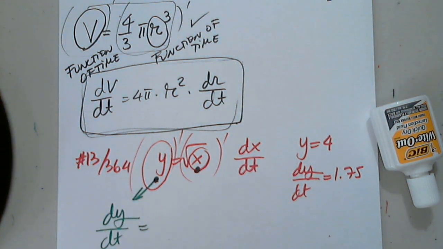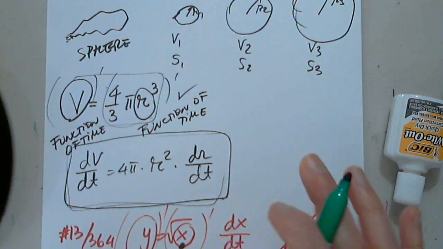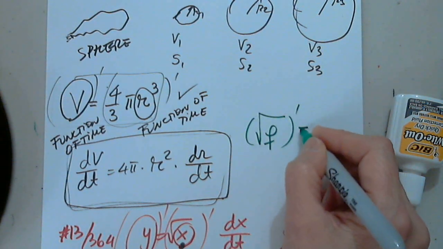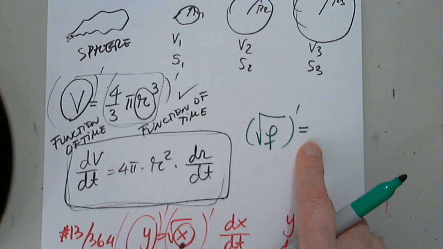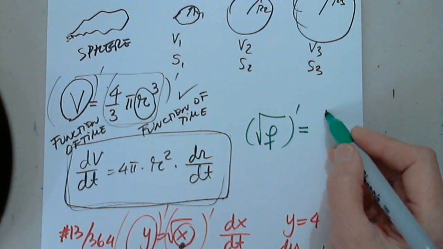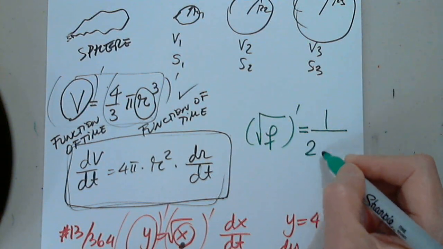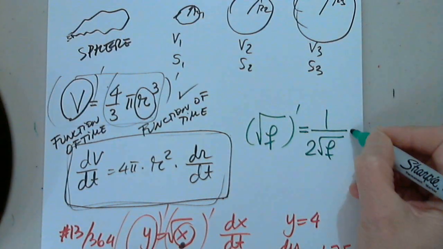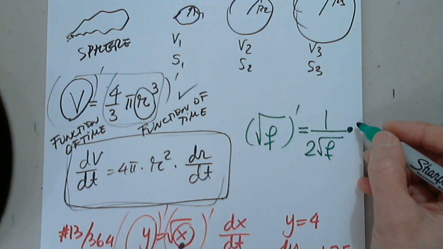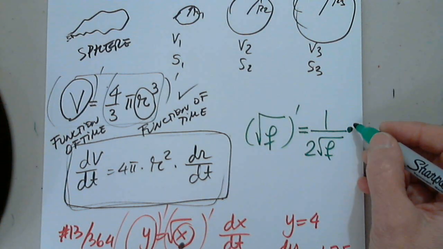Let's think about the right-hand side. And please remember the formula. The square root of a function prime. Can anyone help with this one? It's 1 over 2 square root of f. Careful.